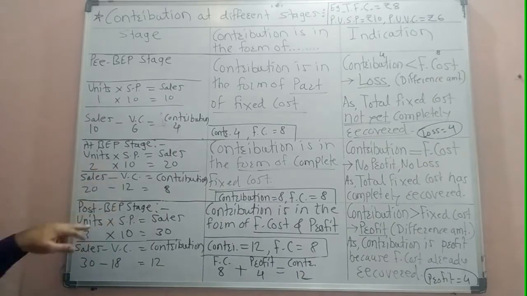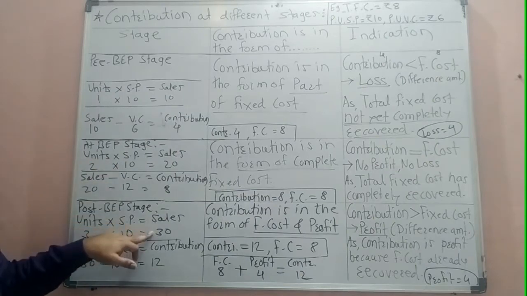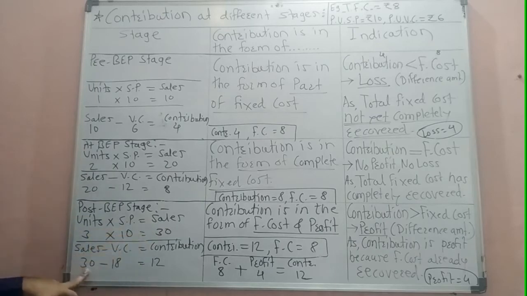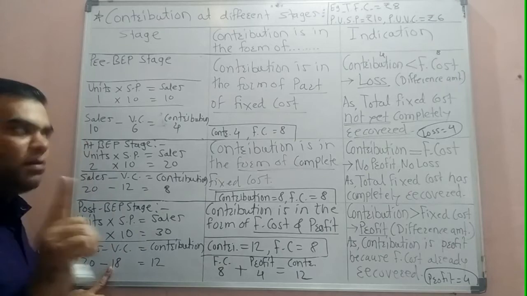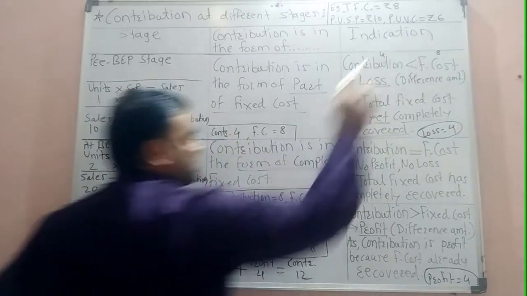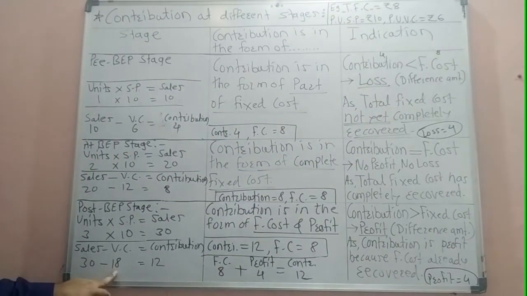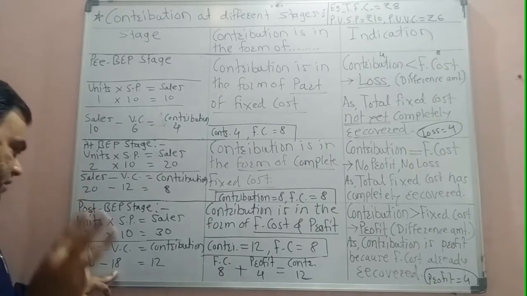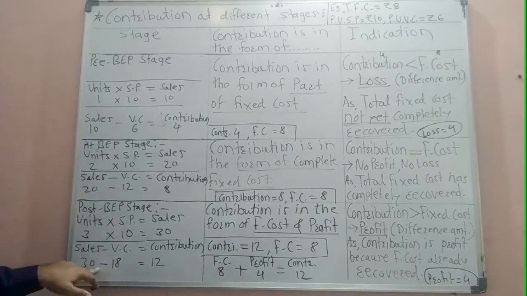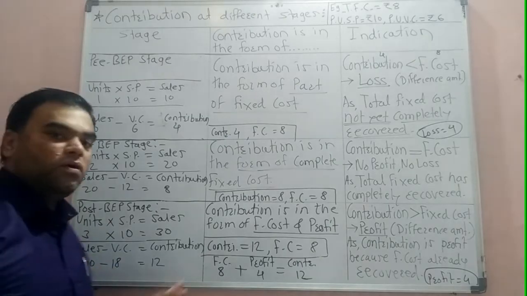Then next, if we sell 3 units at ₹10, sales is 30. Then sales 30 less variable cost of 3 units. 1 unit variable cost is 6, so 3 units variable cost is 18. 3 into 6, 18 is the variable cost of 3 units. 30 sales less variable cost of 3 units, 18, is equal to total contribution, which is now 12.